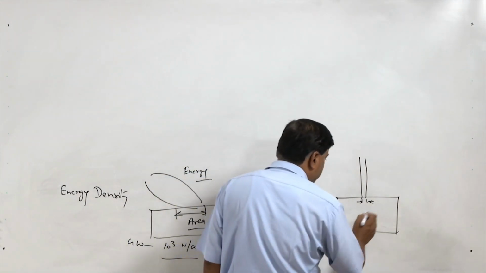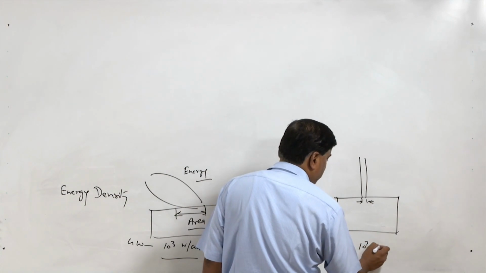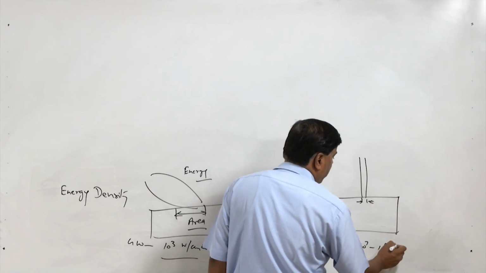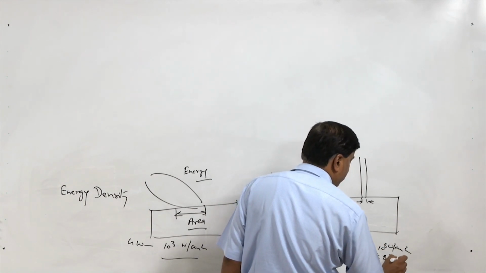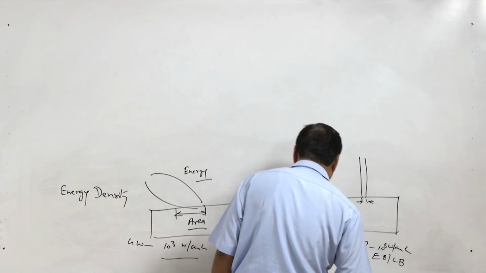It may be further higher, 10 to the power 7 to 10 to the power 8 watt per centimeter square, for electron beam and laser beam welding processes.